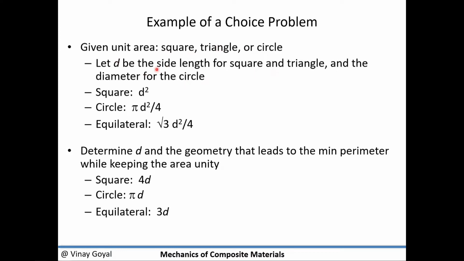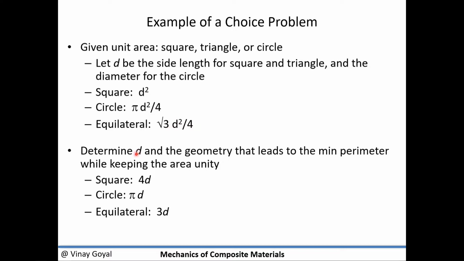We're forcing the fact that these are unit areas, so the square will have an area of D squared, the circle will be pi D squared divided by 4, and the equilateral triangle will be square root of 3 D squared divided by 4. So just using geometry. What we want to do is determine D, which you know the answer. You can solve for D, but the idea here is to figure out D without having to do anything yourself, using GRG, and let GRG take care of it.